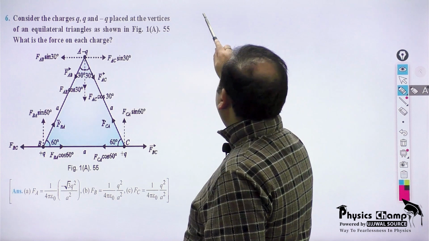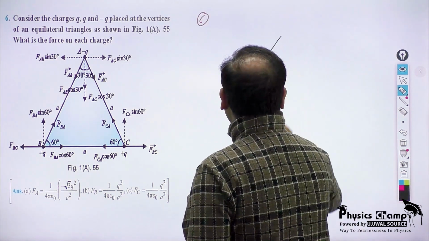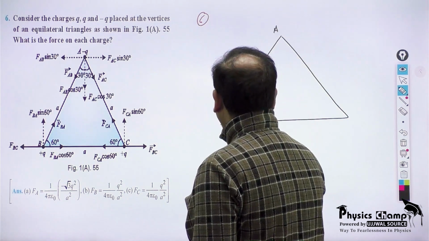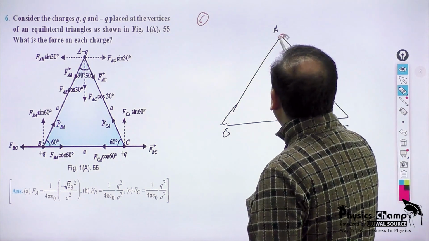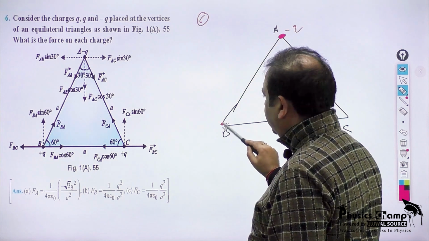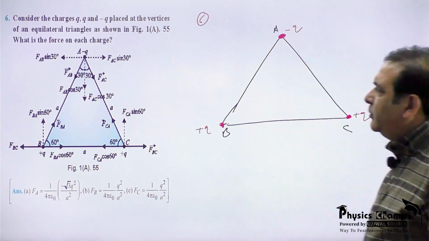So now we take question number 6 in the same sequence, where we are asked, there is an equilateral triangle A, B and C, and charges are placed on the vertices not symmetrically: minus q, plus q and then plus q. They are not symmetric.